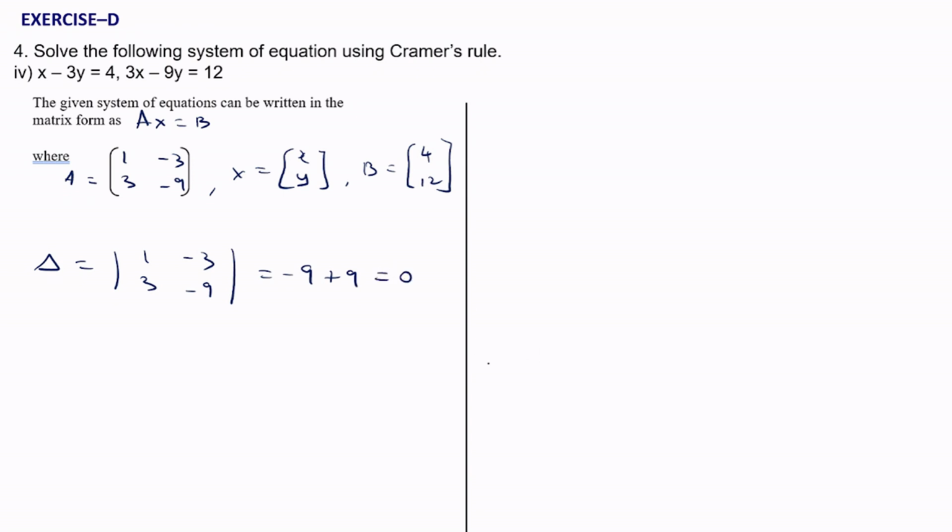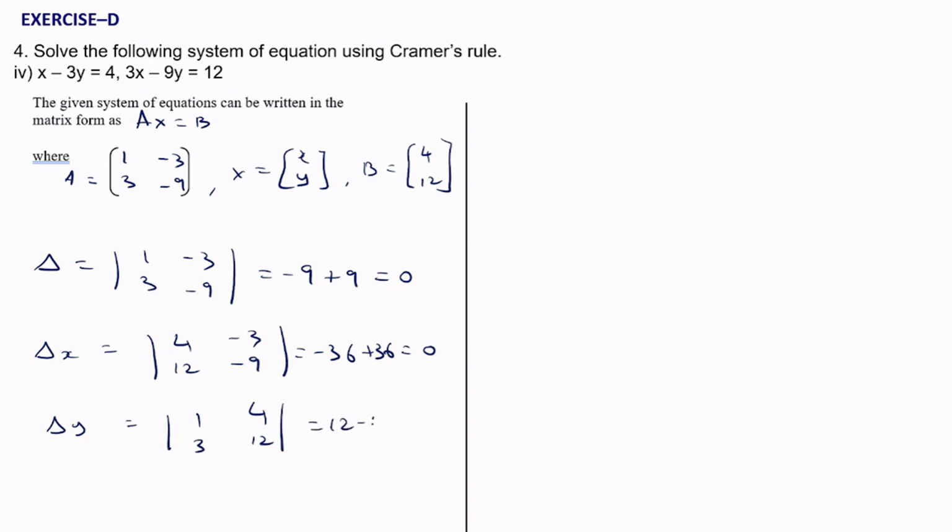Now since this is equal to 0, we will not get a unique solution. Delta x is the determinant of 4, 12, minus 3, minus 9. So this is minus 36 plus 36 equal to 0. And delta y is the determinant of 1, 3, 4, 12.